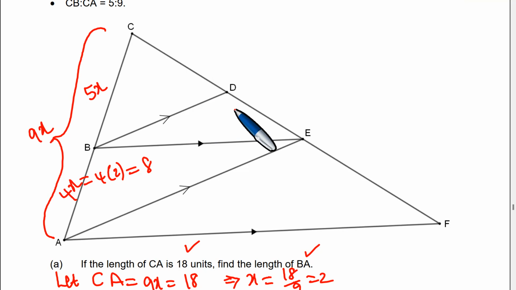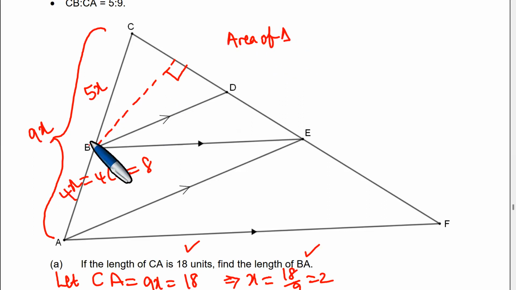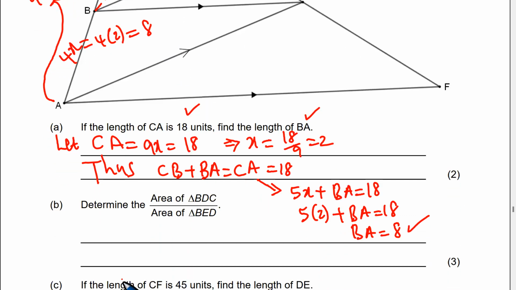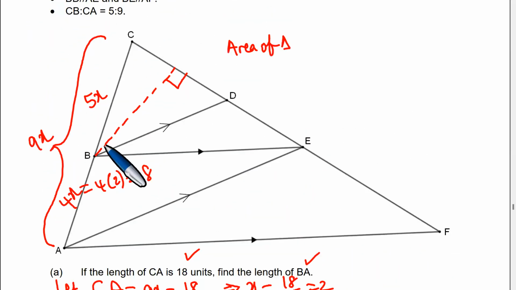To get this one here, it's very easy. To get the ratio of the areas, you need to construct like this, because you're looking at the ratio of the areas of the triangles. So if we're looking at the area of triangle BDC, the area is half the base times the height.